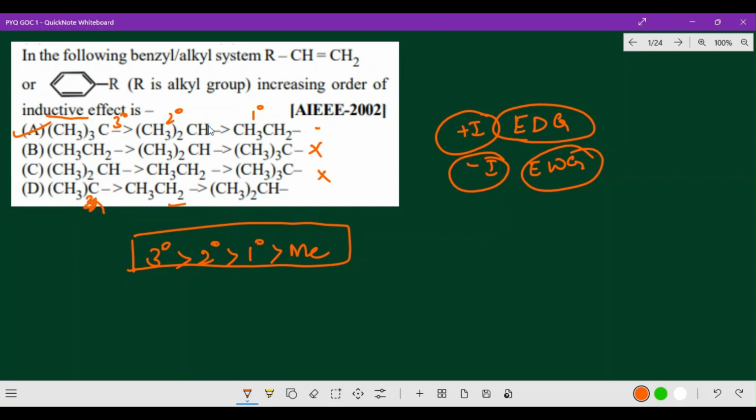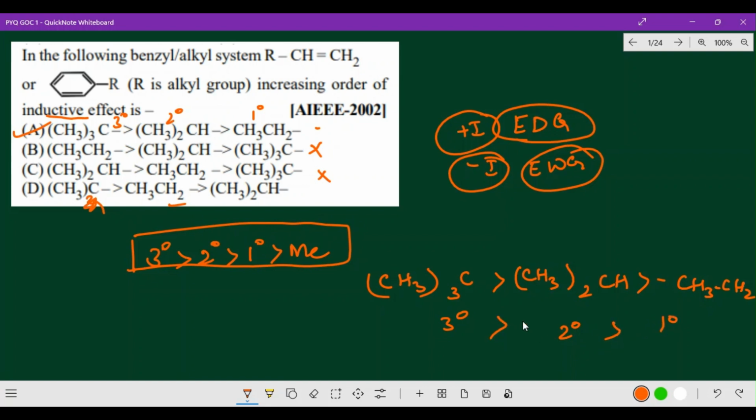So the correct option is option A: (CH3)3C is greater than (CH3)2CH, greater than CH3CH2. So tertiary, secondary, primary and methyl. Hope you got a clear idea about inductive effect. Okay, let us go for the next question.